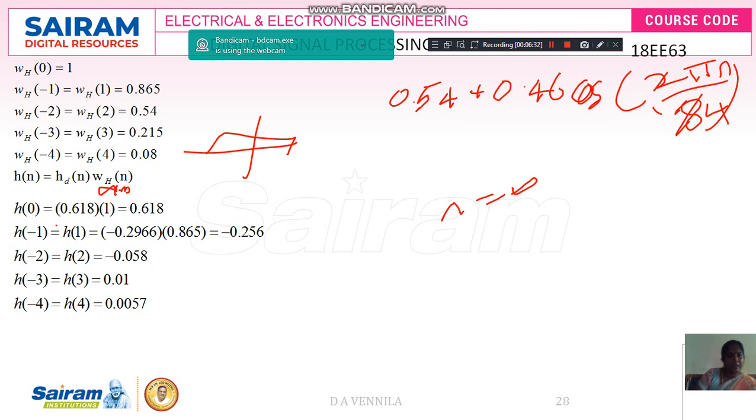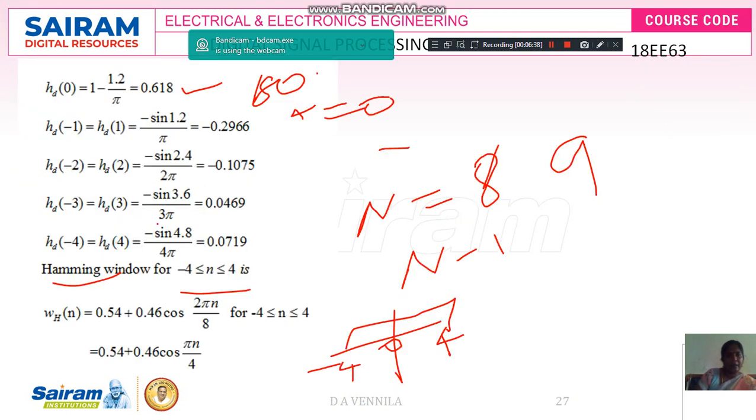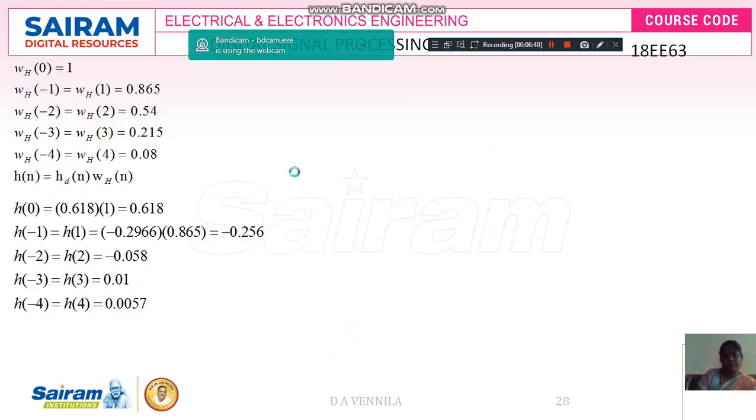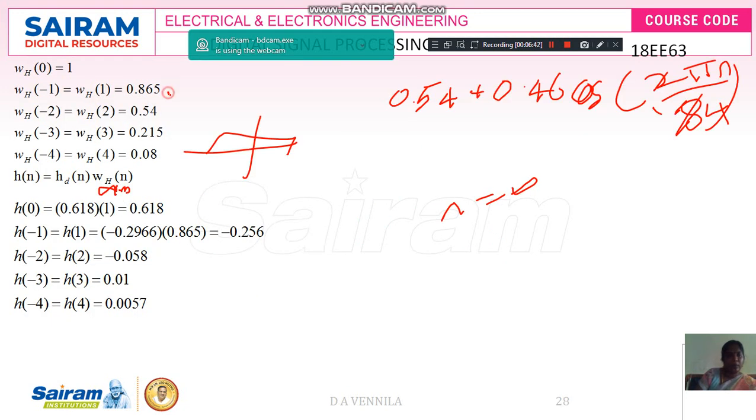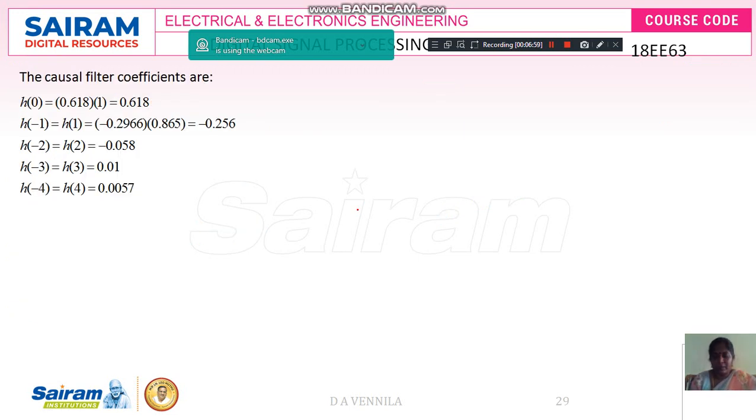Next hd of 1 is minus 0.2966 into w of 1, then hd of 2 with w of 2, hd of 3 with w of 3, hd of 4 with w of 4. All the values we have substituted. This is about the Hamming window; using the given cutoff frequency, we have got the coefficients.